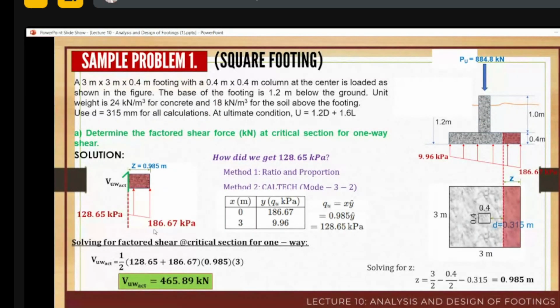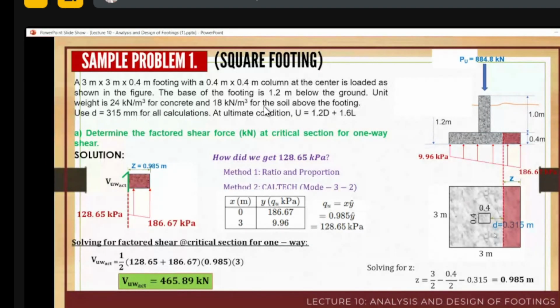If you have that, using the formula for trapezoidal area, one half times the sum of the two parallel sides, then multiplied by the distance between them. How much is the distance here? Say this is z. To solve for z, we know the dimension of our footing. The shear for one way is the distance from the face of the column.